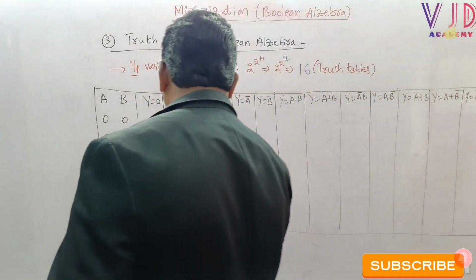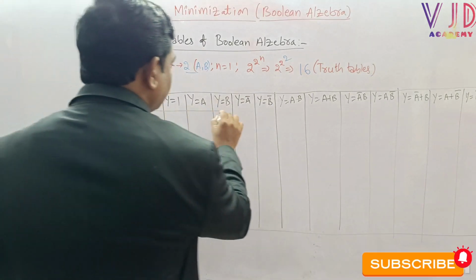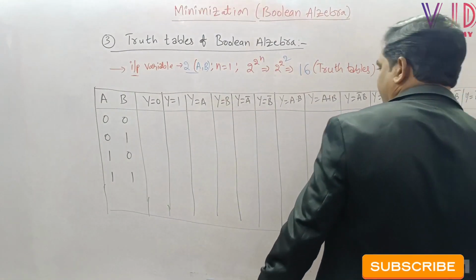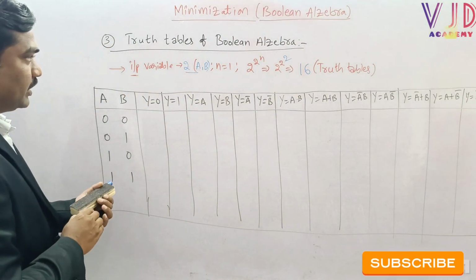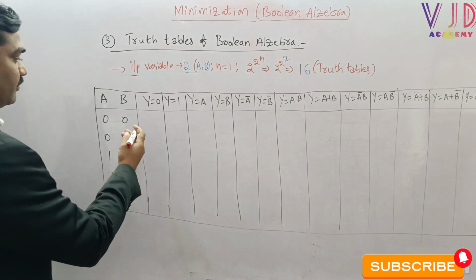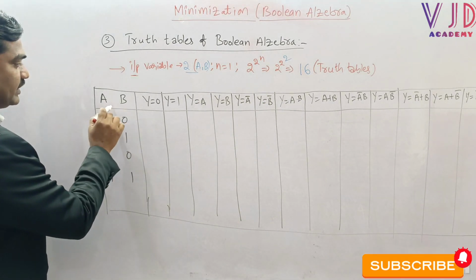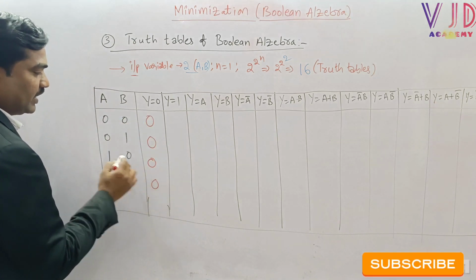Sir, this is the truth table. We can draw 16 possible truth tables when we have 2 inputs A and B as input variables. Now the output may be Y equal to 0, and then possible like this.